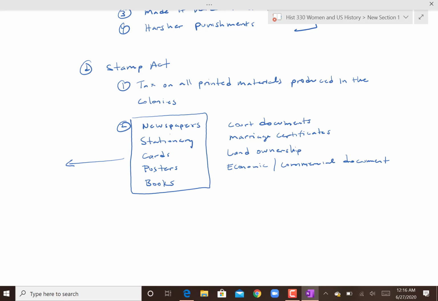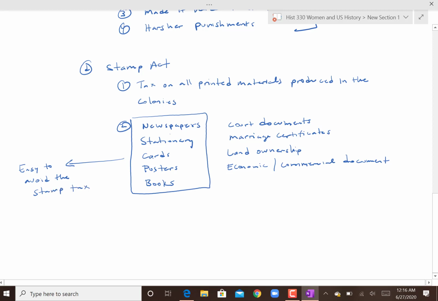And so these ones, though, the newspaper, stationery, cards, posters, books, etc., who cares, right? If you bought a black market version that didn't have it, this was easy to avoid the stamp tax.